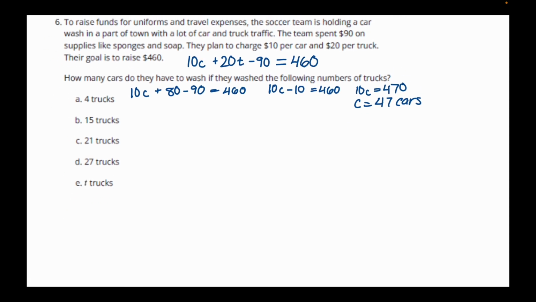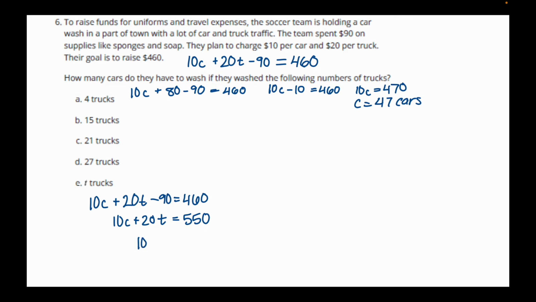So I'm going to say if I had 10C plus 20T minus 90 equals 460. Let's add that 90 to both sides. So 10C plus 20T is going to be equal to 550. Then from here, we would want to subtract the 20T from both sides.